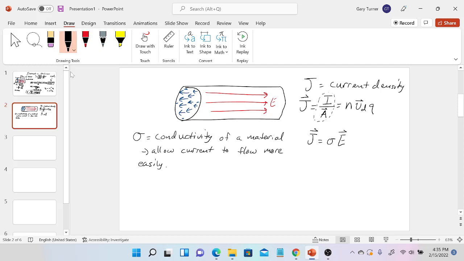But to have an electric field means that you've established a potential difference between the two ends of your wire. And so the potential difference is equal to the field times the length of the wire.